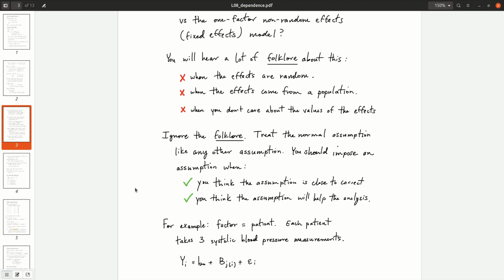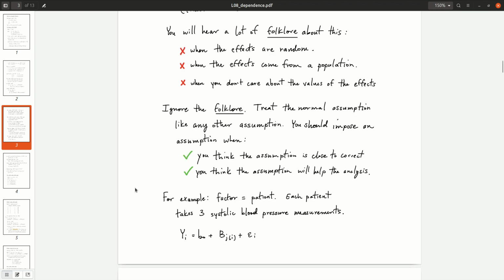So let's look at an example to show you what I mean when we talk about you think the assumption will help the analysis. The example here, the factor is patient, and in this study, each patient is going to take 3 systolic blood pressure measurements. Before we get into this, one reason why you would use a random effects model is when you have something called repeated measures.